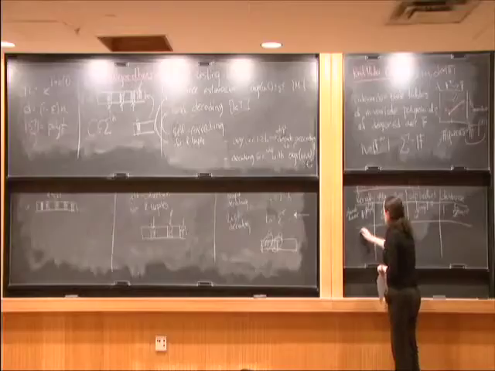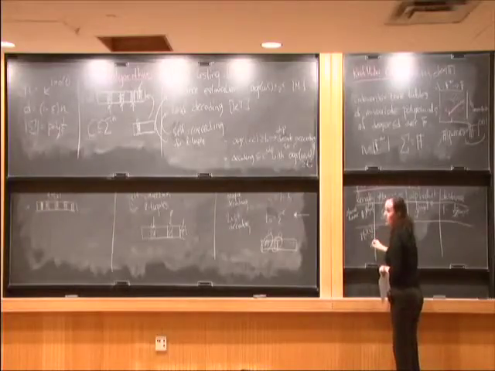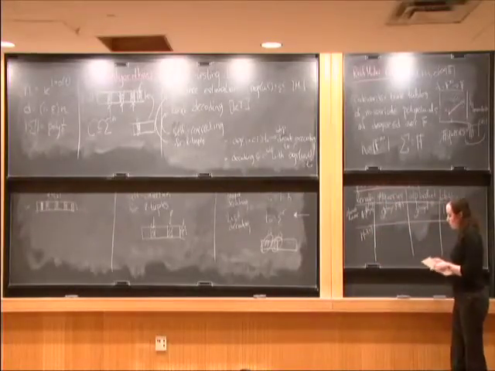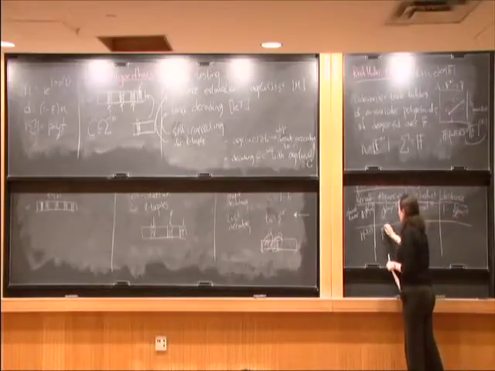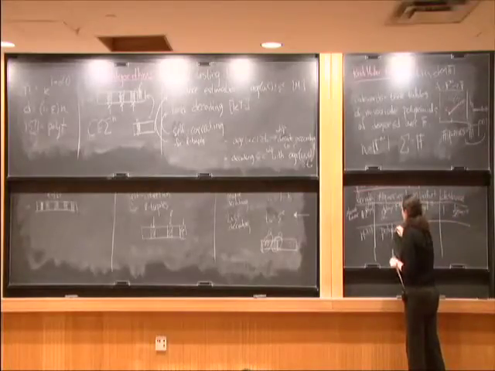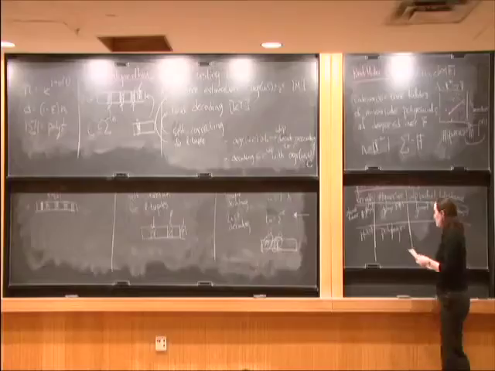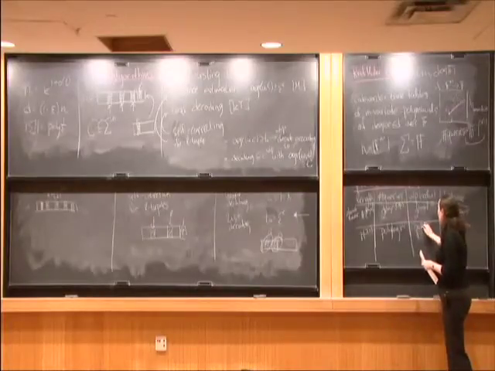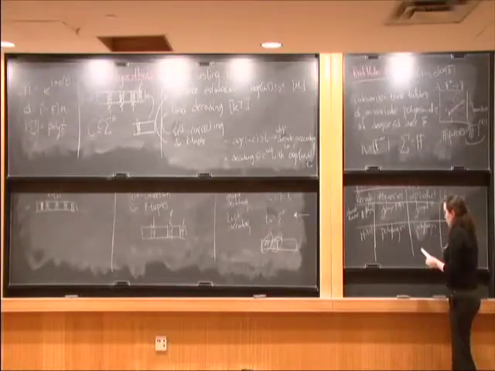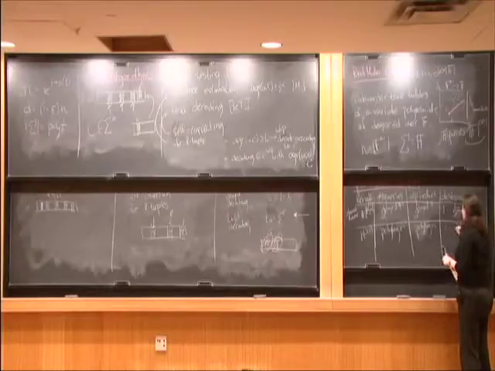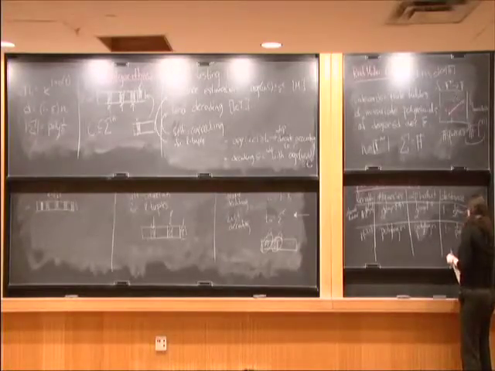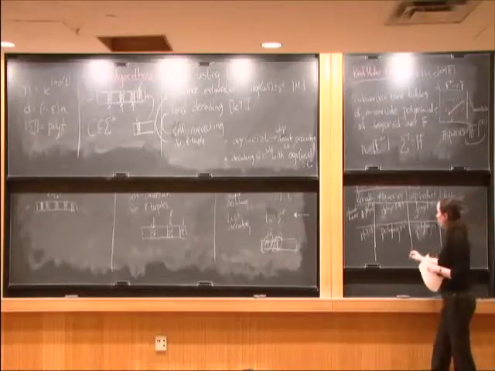A different choice of parameters is polynomial length. Then the number of queries is polylogarithmic, and the alphabet is polylogarithmic, and the distance is 1 minus 1 over polylogarithmic.